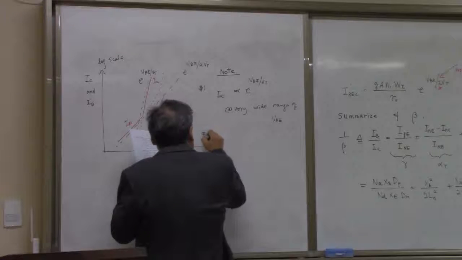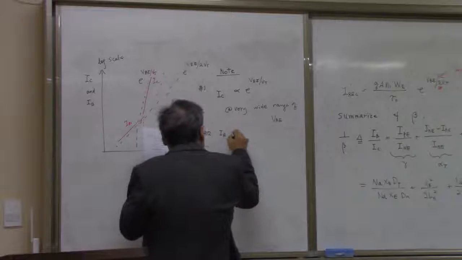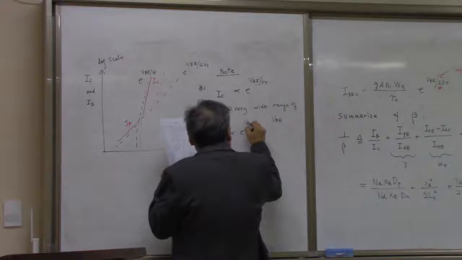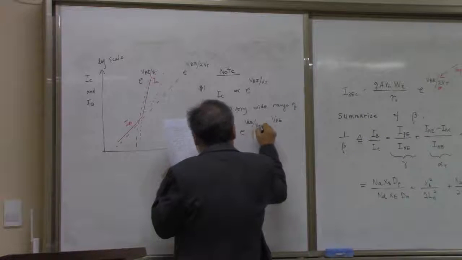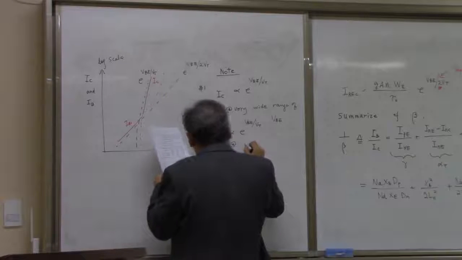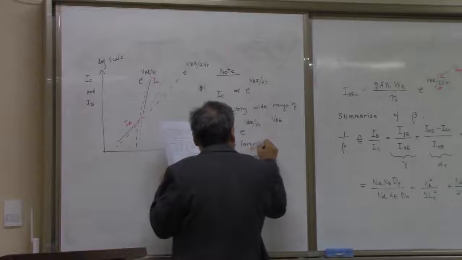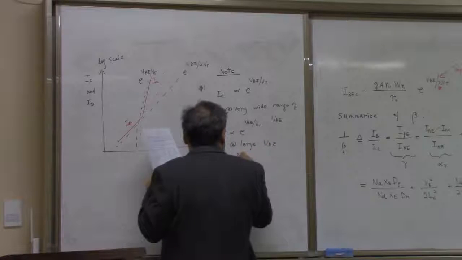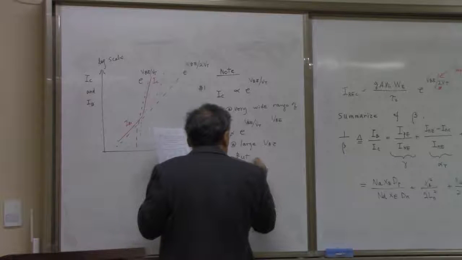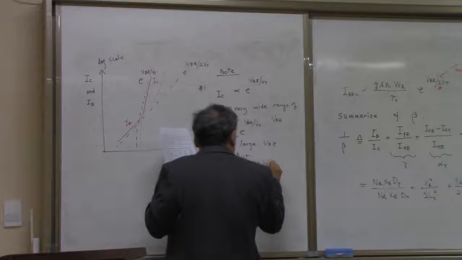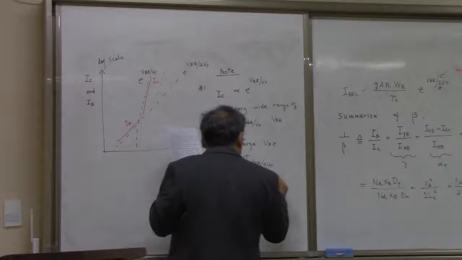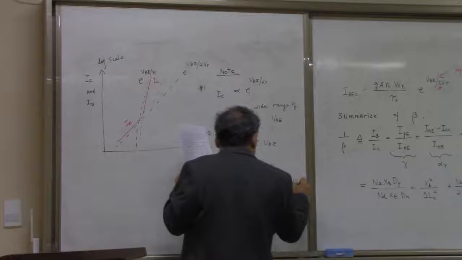And then IB is going to follow e to the VBE over VT at large VBE, but IB is going to follow e to the VBE over 2VT at low level of VBE.